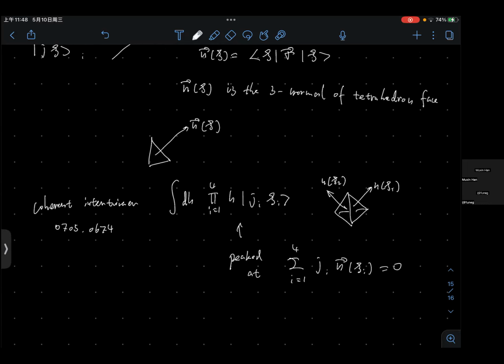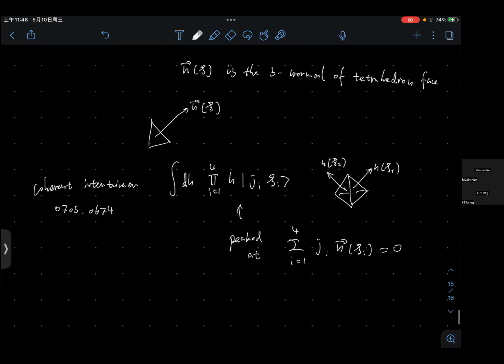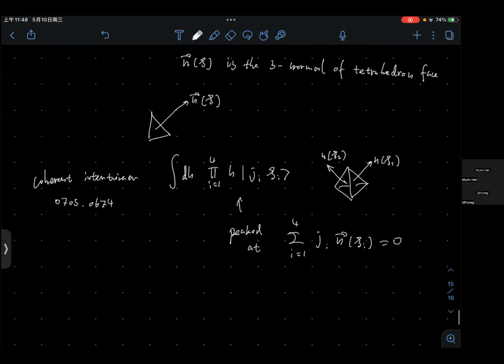All right. Now let's look at, coming back to the vertex amplitude. Okay, but now I want to use the coherent states J and C to express this vertex amplitude.